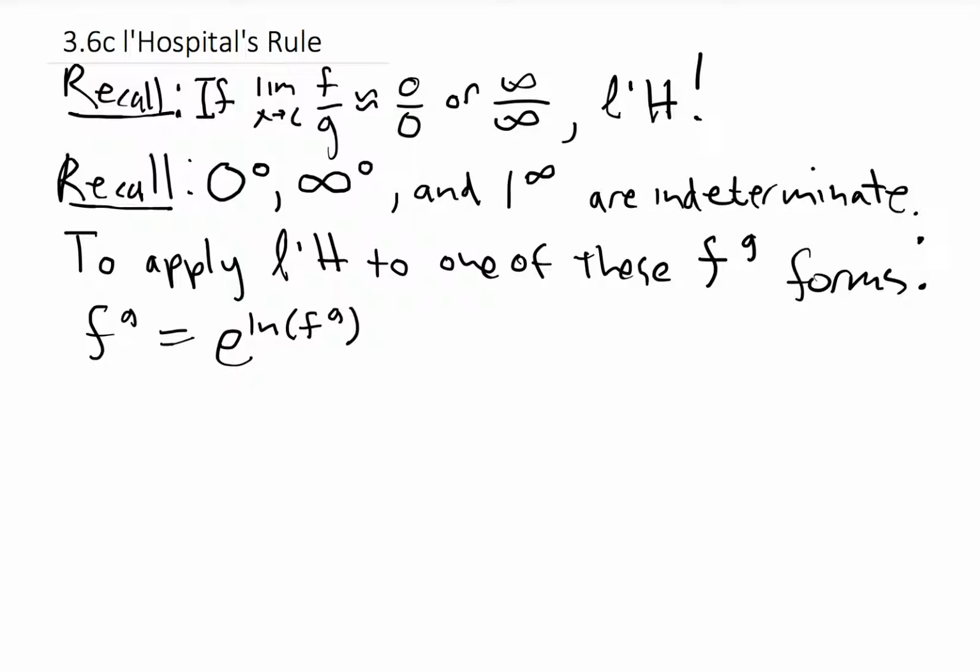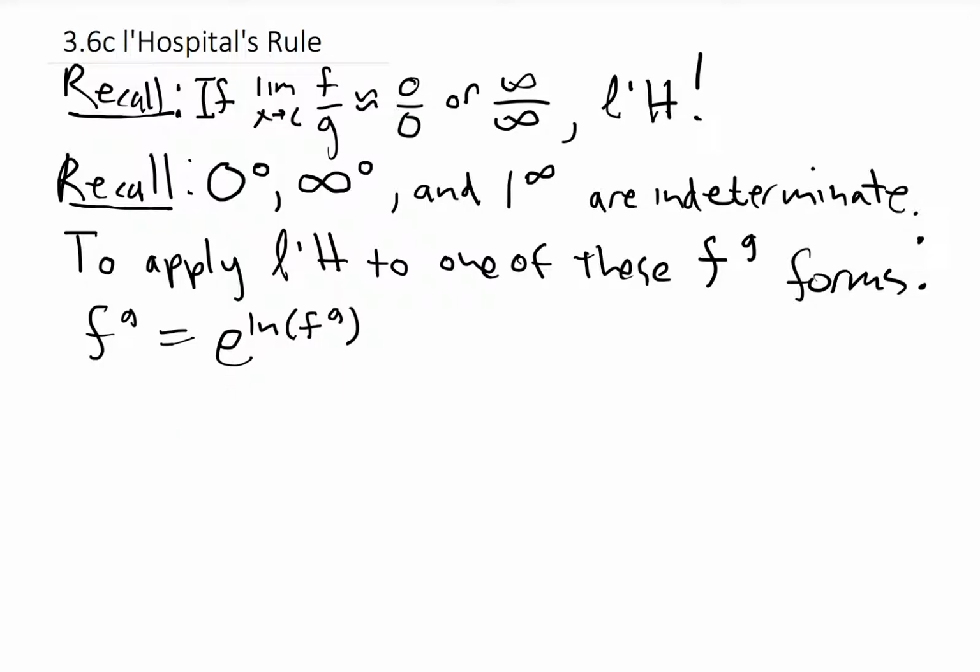The reason we can do this is the exponential and natural log functions are inverses of each other. So e to the log of whatever, this would cancel and give me f to the g. But we're trying to do a rewrite here, so it's okay that it temporarily looks more complicated.